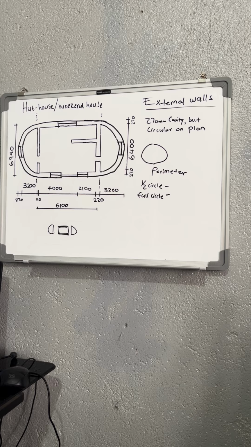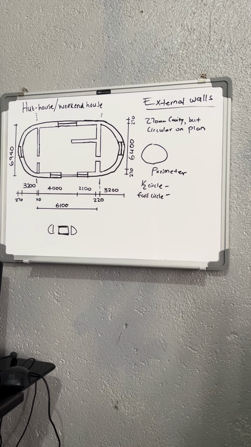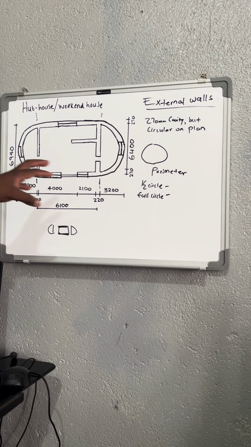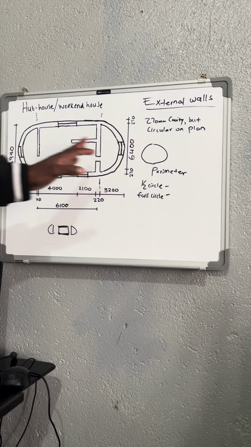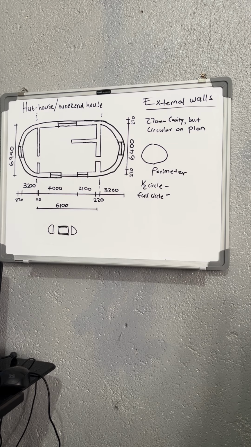They've made it easy because these two halves almost have the same dimensions. You have 3.2 and also 3.2. Sometimes they might make this one short, so it means you have to measure these parts separately. You won't be combining them and making them one full circle.